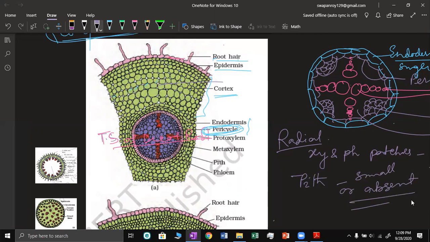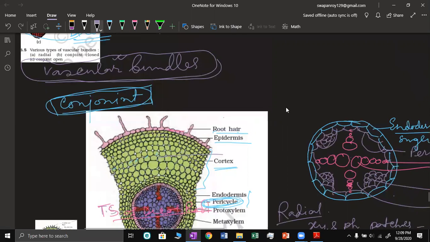So these are the two main differences: the number of xylem and phloem bundles, and the presence or absence of the pith. About one thing, the endodermis: you should know that all the endodermal cells have one thing known as Casparian strips.